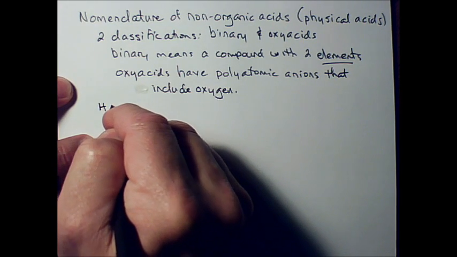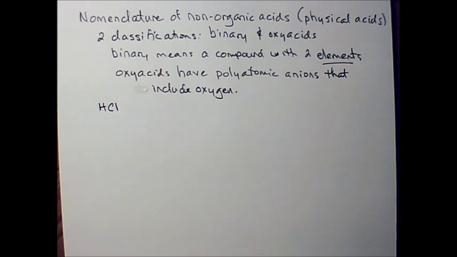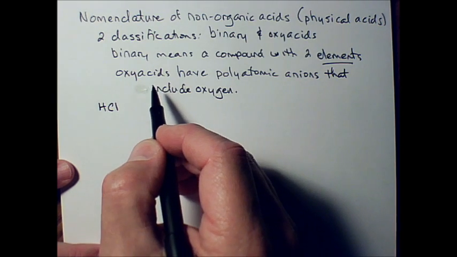All right, here is HCl. Now, with all the acids we're going to deal with in here, we're going to start out naming the acid as if it's an ionic compound. It doesn't matter whether it's a binary acid or an oxyacid.